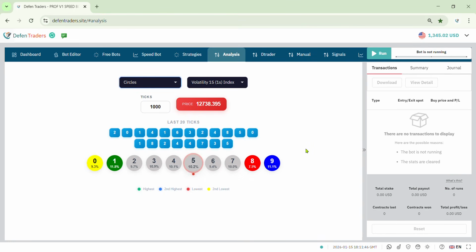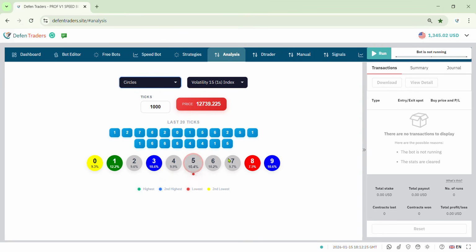The best that can happen to these 2 digits is a percentage increase, to appear more, because we presume, we assume that these digits appearing in these last 1,000 ticks must, in capital letters, it's a prediction, it's an assumption, must appear the same number of times.